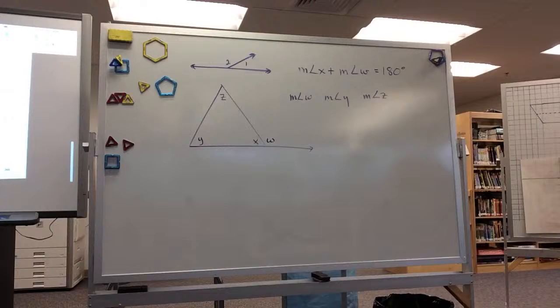What do you know that might be related to this? What could you say you know? W, Y, and Z, do they make a triangle? They don't. Sorta. So those of you that are saying sorta, what do you mean by that?